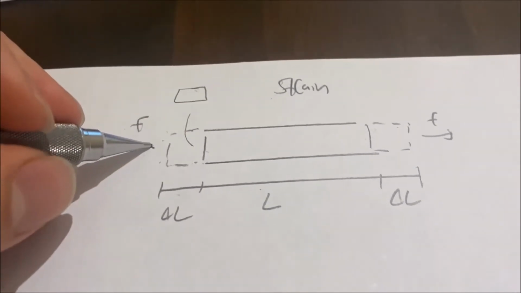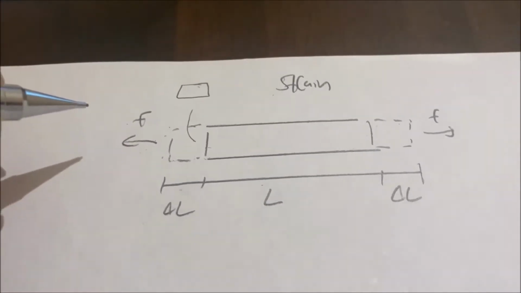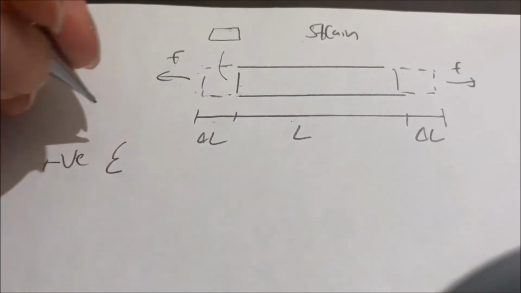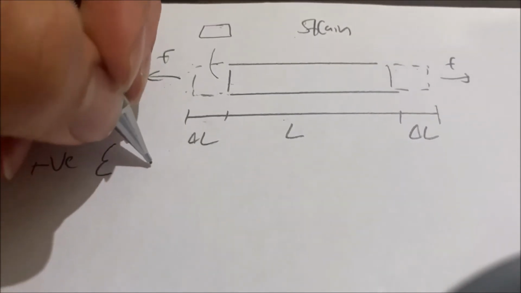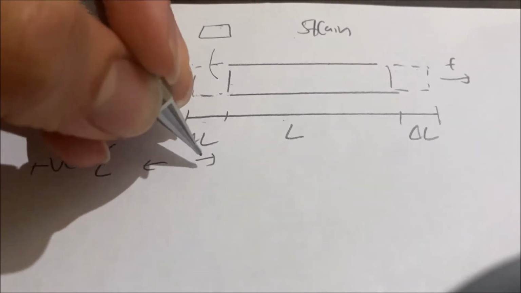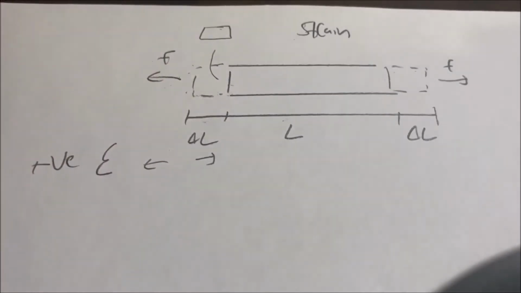In this case, it's tensile because it's pulling it apart from both sides, and it will be positive strain, due to the tensile force pulling it from both sides, causing the overall length to be greater than the original length.